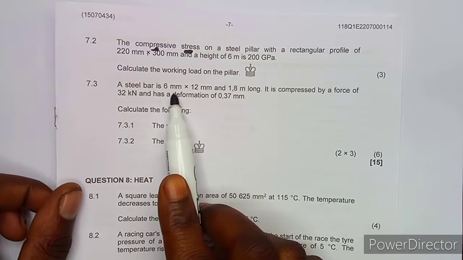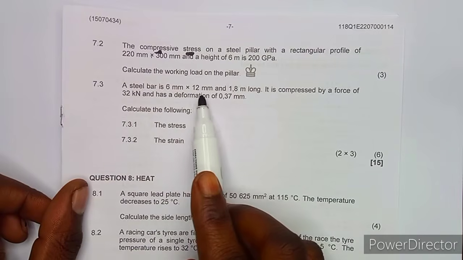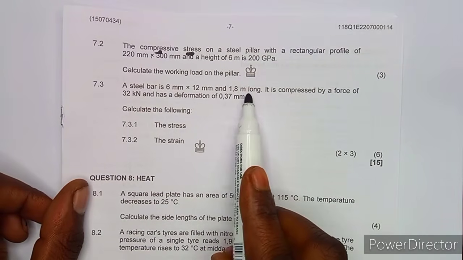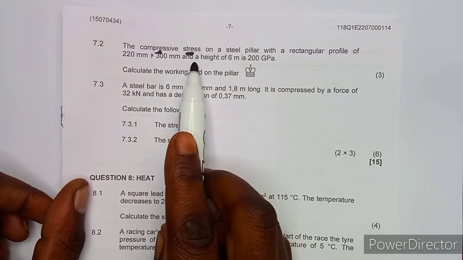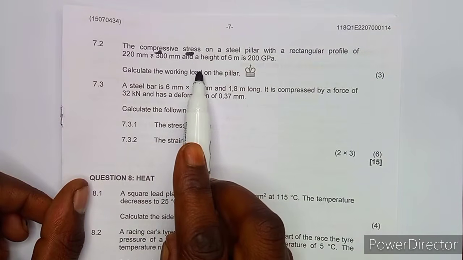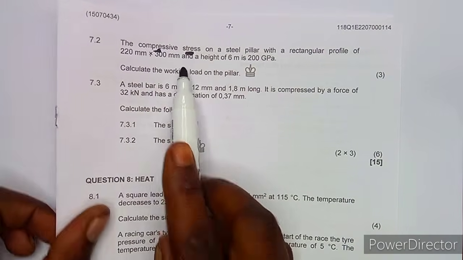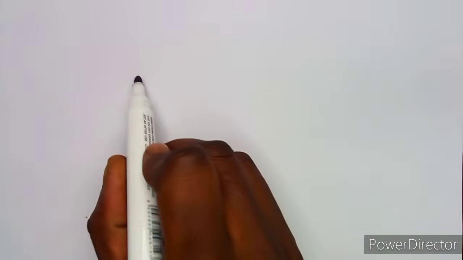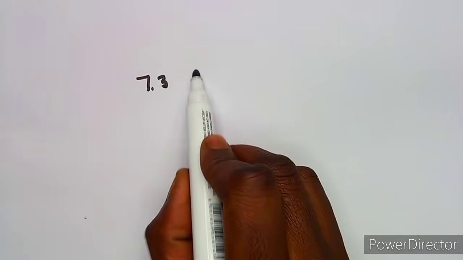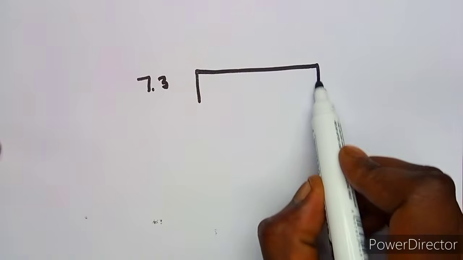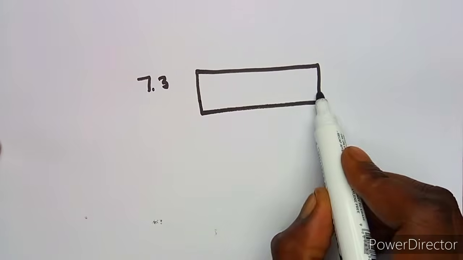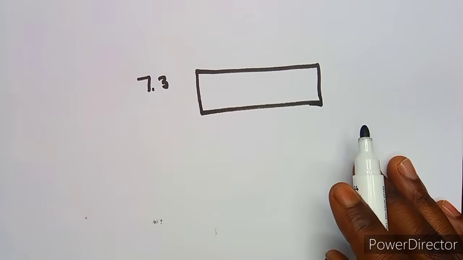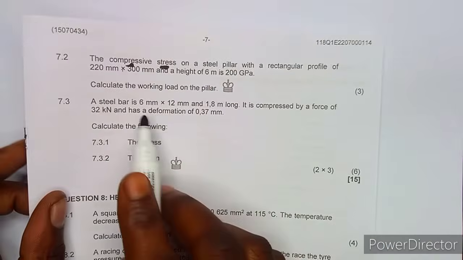It measures 6 millimeters by 12 millimeters and 1.8 long, just like what we were given here. So take note, guys, it's the same situation. So it's a rectangular steel bar again.